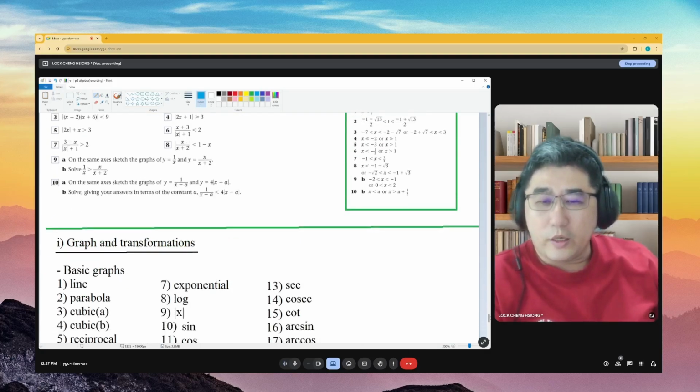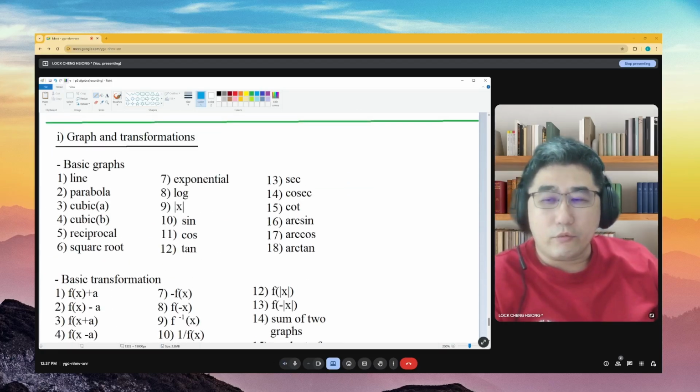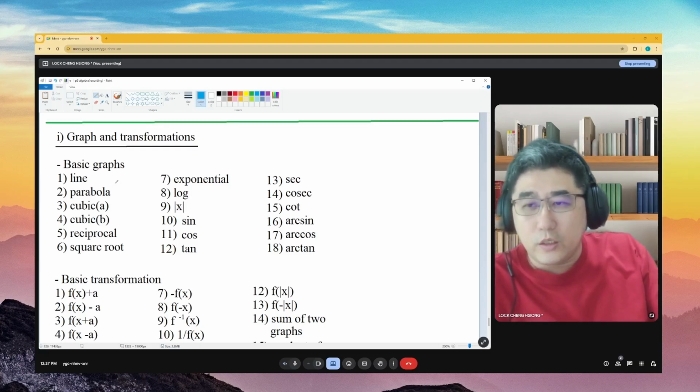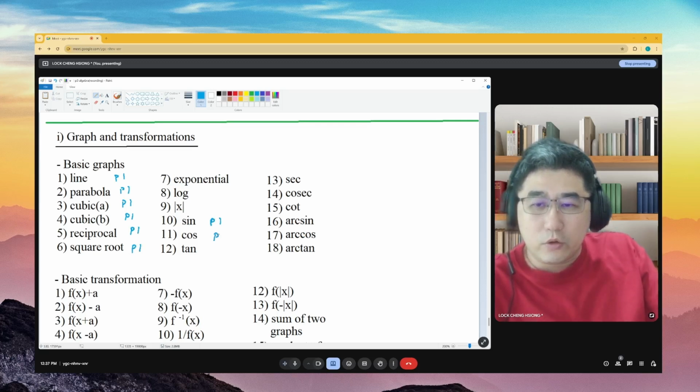Then in the end it's about graphs. From P1 you already learned about the line, parabola, cubic type A, cubic type B, reciprocal, square root, sine graph, cos graph, tangent graph, arcsine, arccos, arctangent.